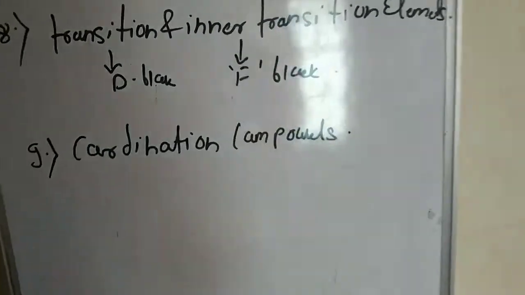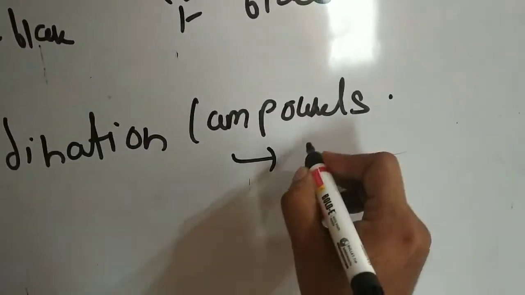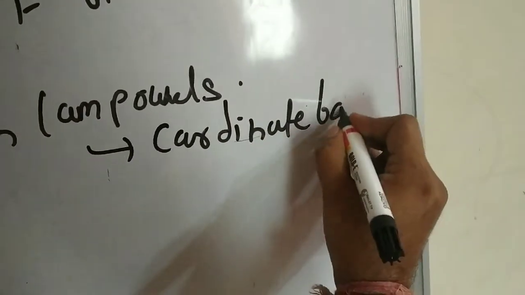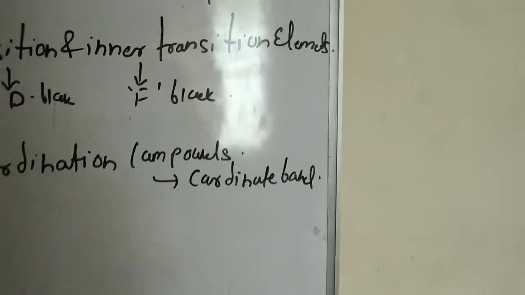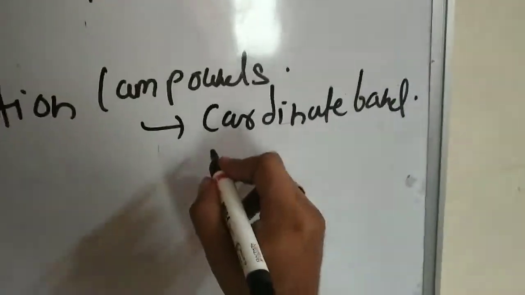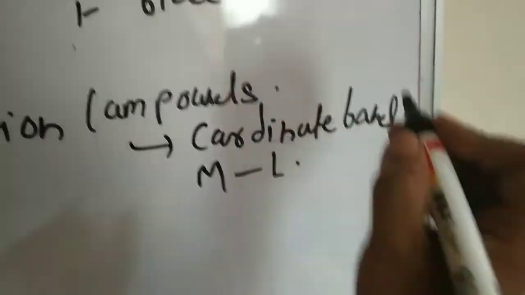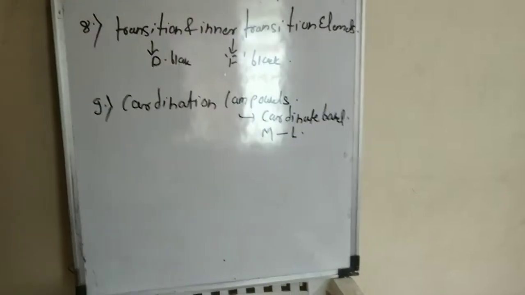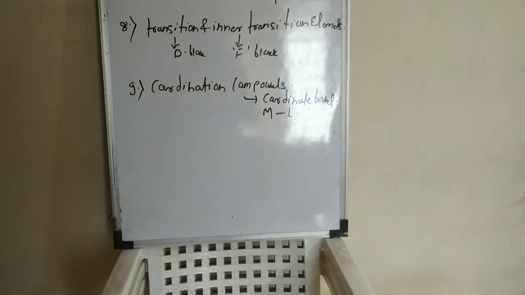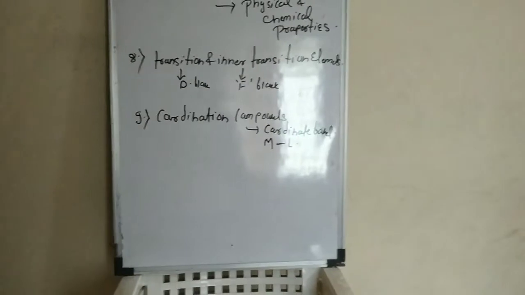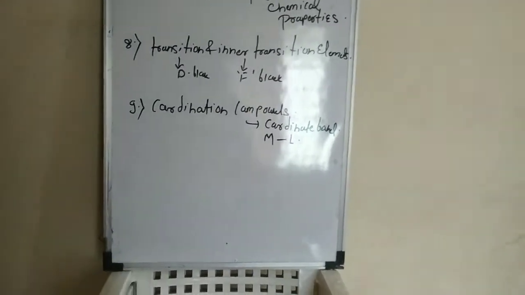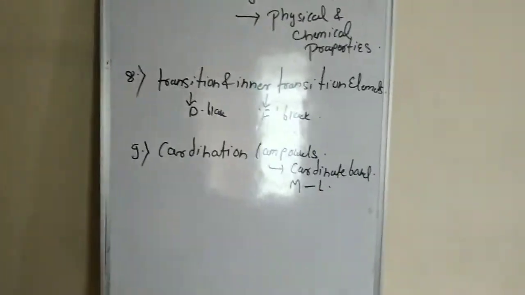So in this chapter, we'll be discussing coordinate bond. Now what is a coordinate bond? A coordinate bond is formed between a metal and a ligand, right? A metal and ligand bond is called the coordinate bond. So that we'll be discussing when we start with the chapter. Here in this chapter we are also going to see Werner's theory, right? So we will discuss it when we begin this chapter.